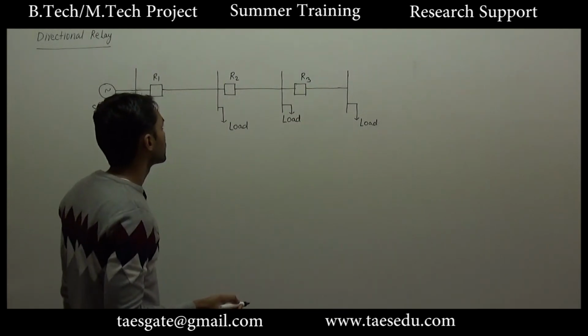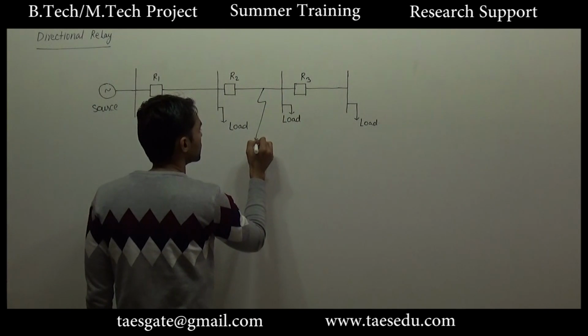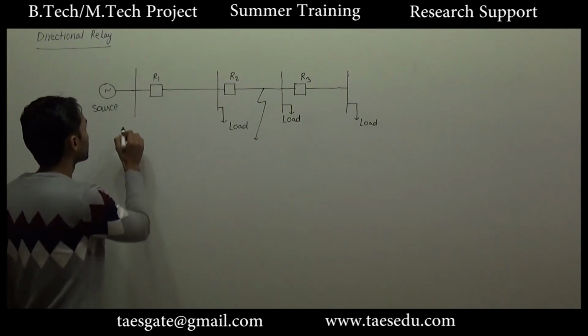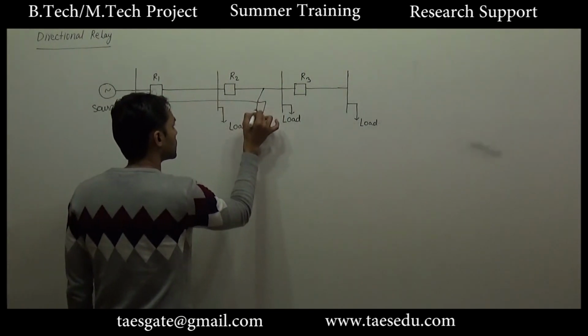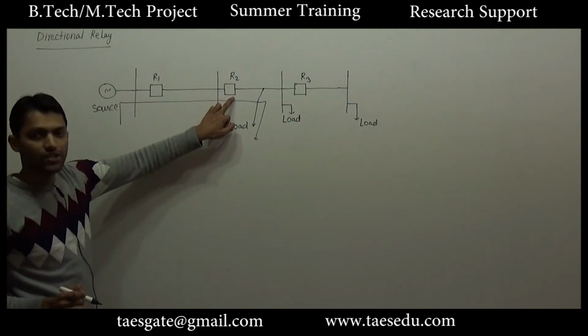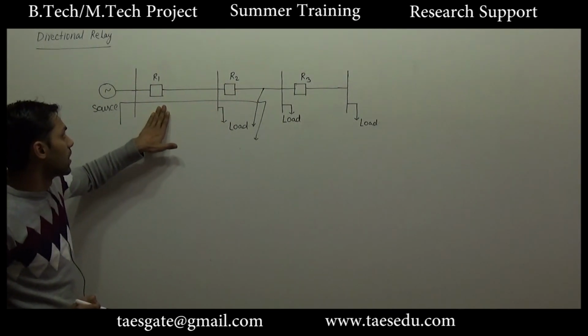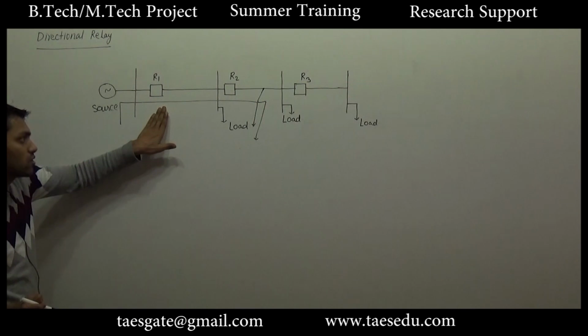So in case of overcurrent relay, we studied that let's say if there is a fault at this point, for this fault the fault current will flow like this, okay, and R2 will provide the primary protection, and if R2 fails to provide the protection, in that case R1 will provide the remote backup protection.